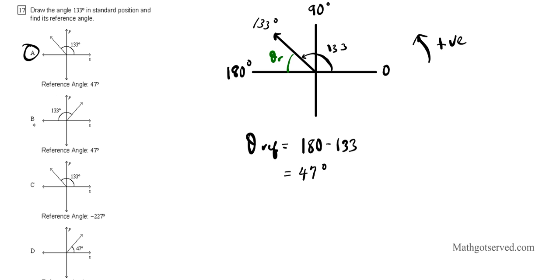Alright, let's move on to question 18. It says, which is the simplified form of this rational expression right here? So you have negative 5x plus 5x squared over negative 30x plus 30. So let's take the numerator first and factor it.